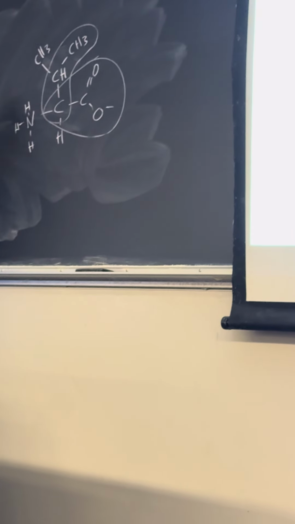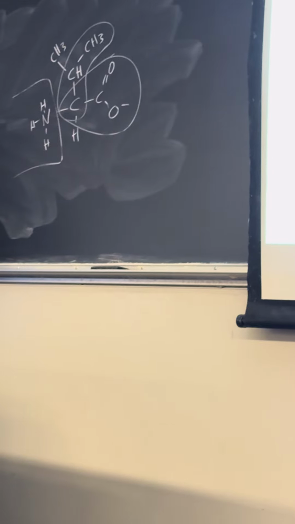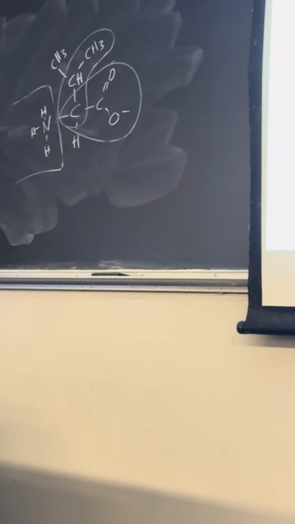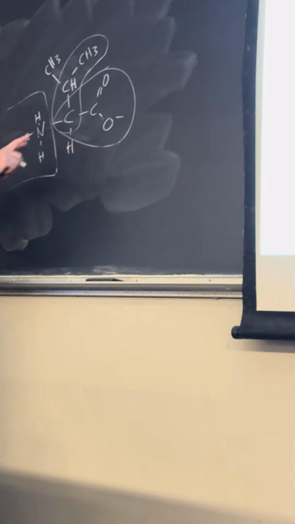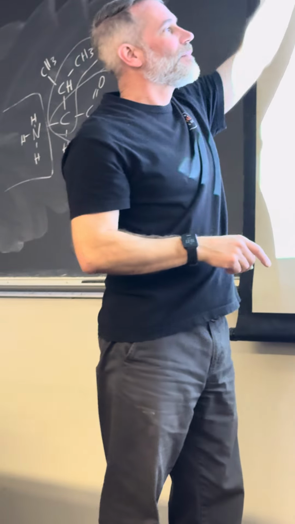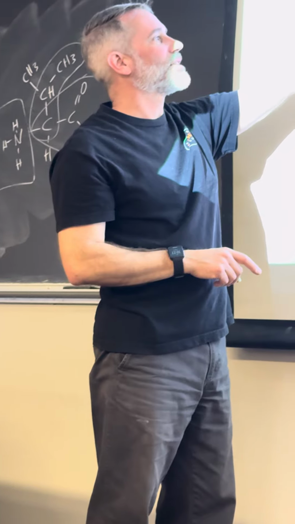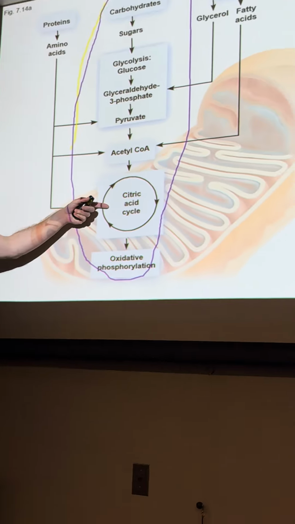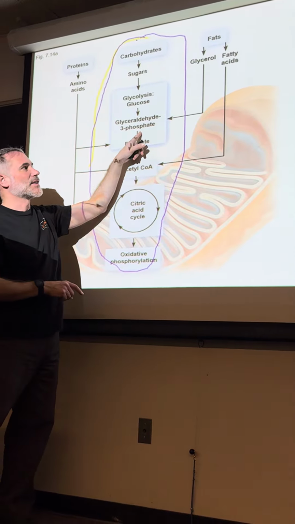And then one of the things that you excrete in your urine is the ammonia from breaking down proteins. So not so different if we think of these just as carbon and oxygen and hydrogen molecules. They look a lot like pyruvates and acetyl-CoAs. And so they feed into this process as pyruvates and as acetyl-CoAs and as some of the intermediates of the citric acid cycle. They just don't start in glycolysis.